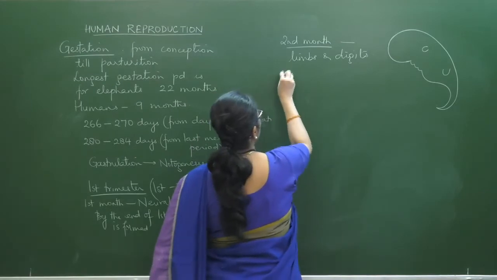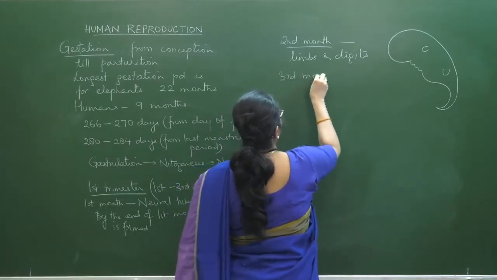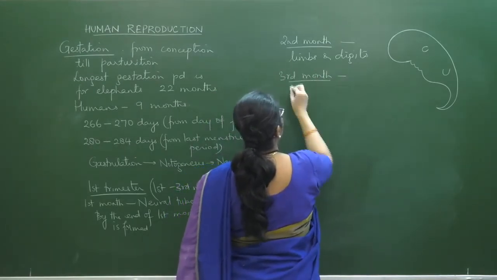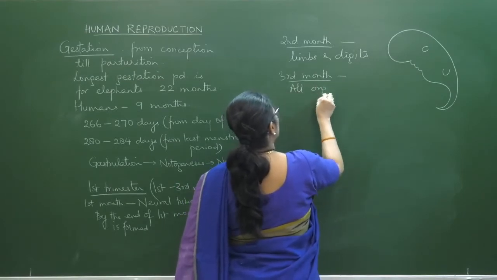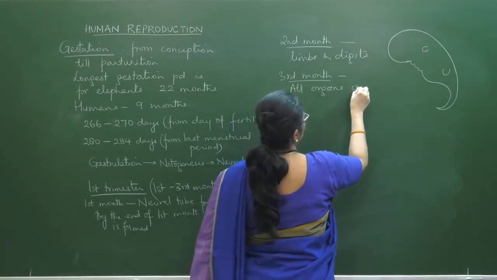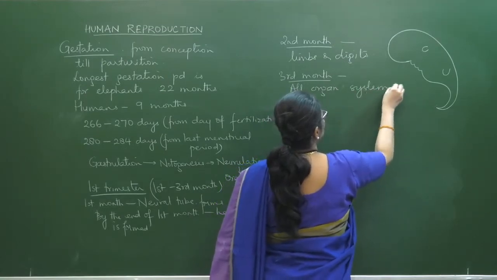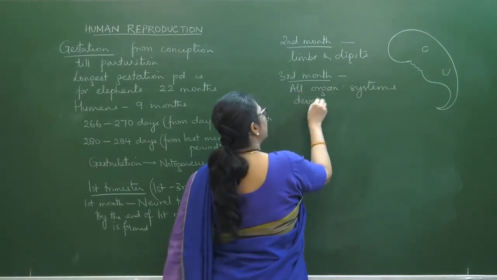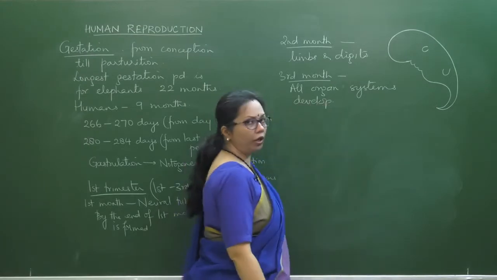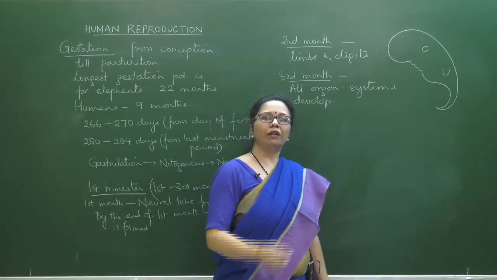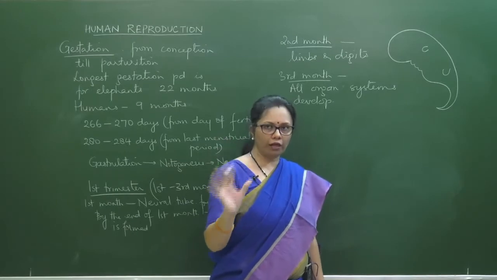And then there is the third month. By the end of the third month, all organ systems develop, although they are not yet functional. So if the baby is born, it won't be able to survive, but all structures are developed.